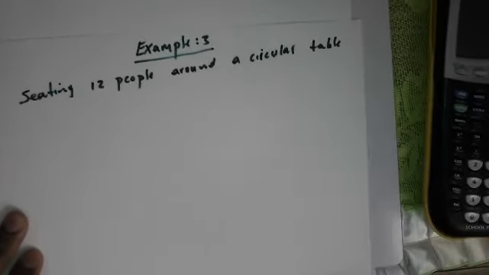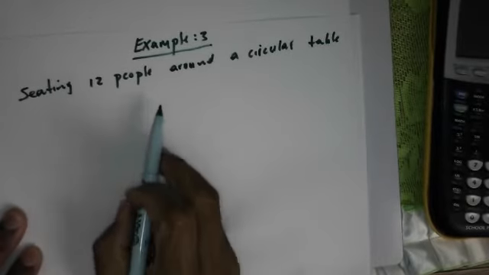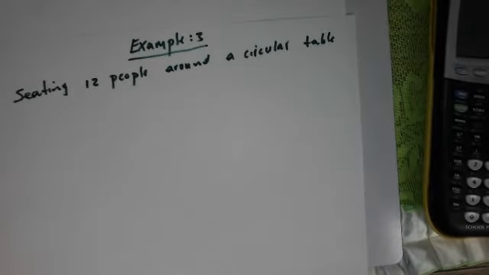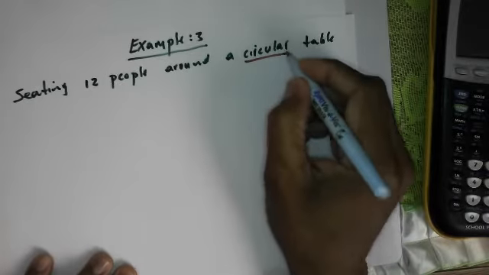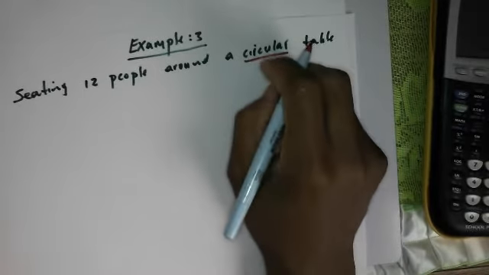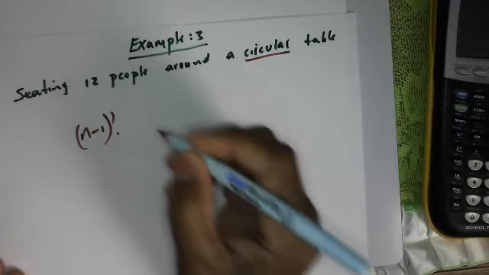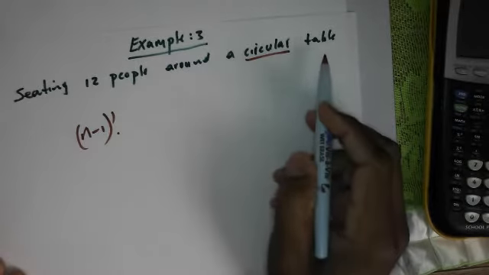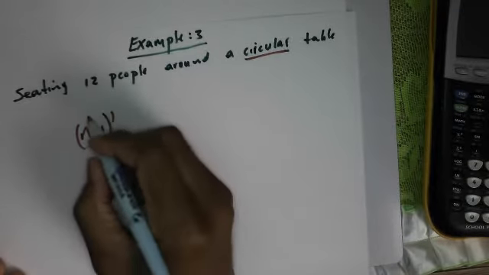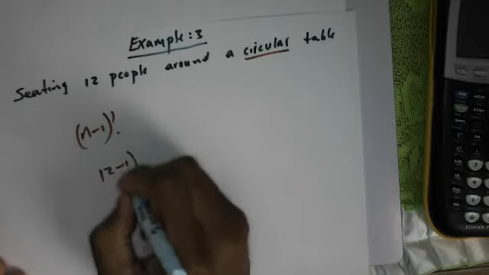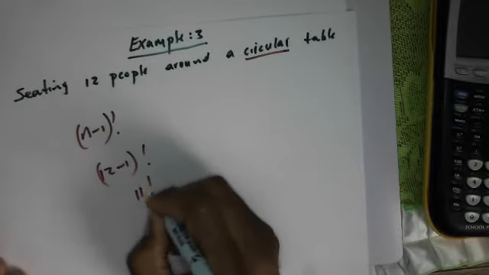Alright, let's look at example 3. Example 3 says: seating 12 people around a circular table. Now pay attention to this part: it's around a circular table. Once you see the word circular, it would be n minus 1 factorial, and n is the total number of people you're seating. In this case, n is 12. So that would be 12 minus 1 factorial, which is 11 factorial.